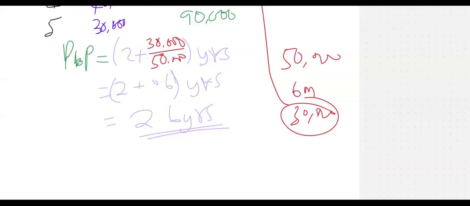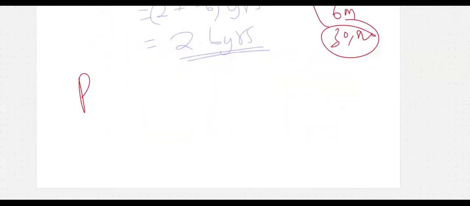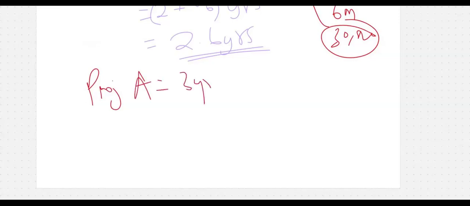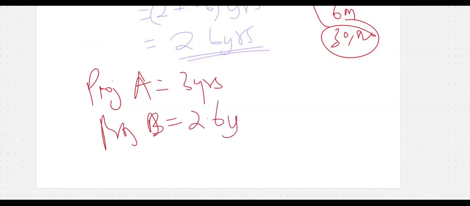So from the question, from the project A, which we have solved, it took the business 3 years. From the project B, it took the firm 2.6 years.